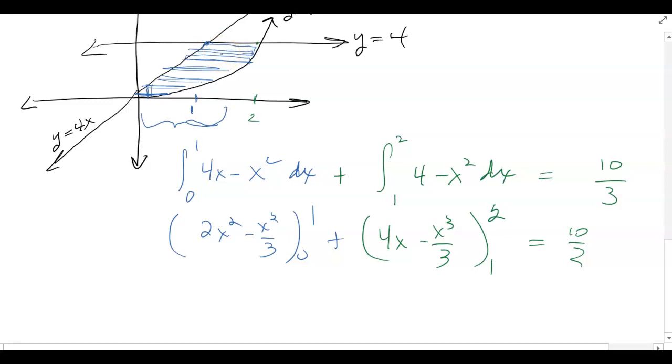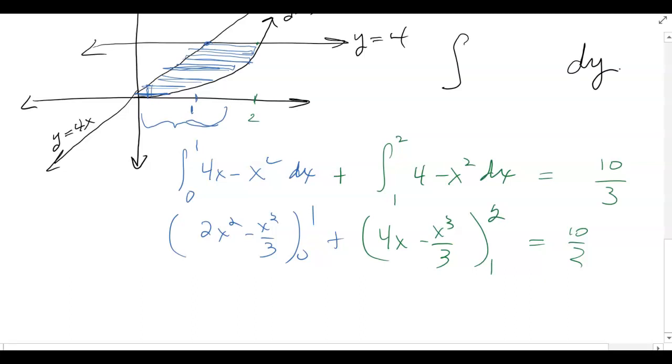You'll notice if you look at it horizontally, you're still doing Riemann sums, but you're no longer integrating with respect to x. Now you can integrate with respect to y. And when you integrate with respect to y, your Riemann sum rectangles must now be perpendicular to the y-axis.